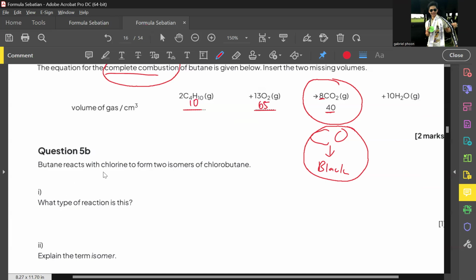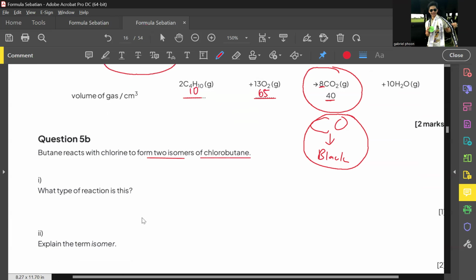Next, butane reacts with chlorine to form 2 isomers of chlorobutane. Oh, you haven't learned this as well, but it's actually a substitution reaction. We'll learn this later on as well. For now, just write it like substitution reaction.